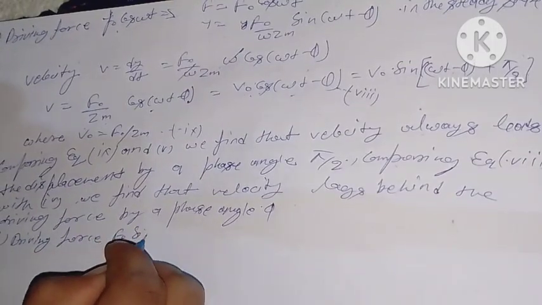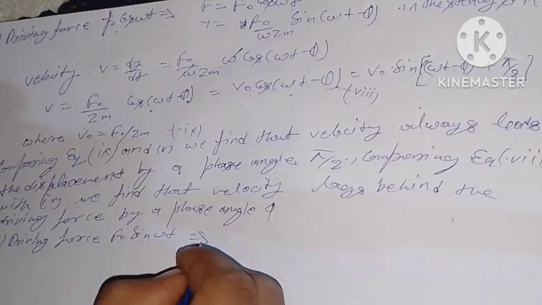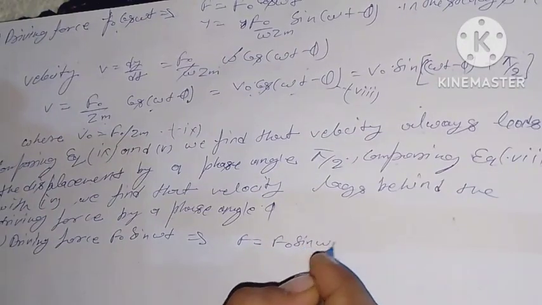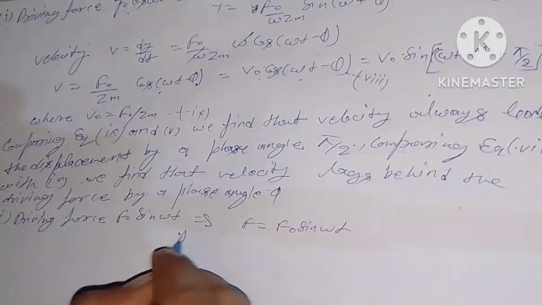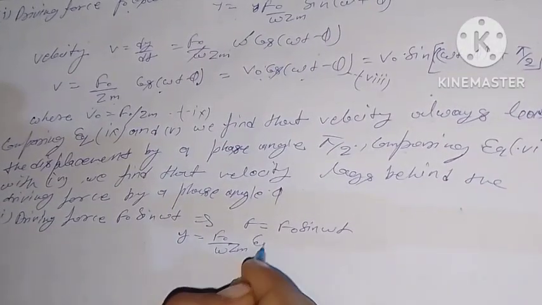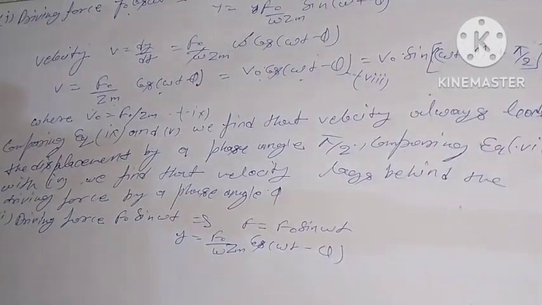Second point, driving force F naught sin omega t. When the driving force F equal to F naught sin omega t, the displacement is given by y equal to F naught upon omega Zm cos omega t minus phi.